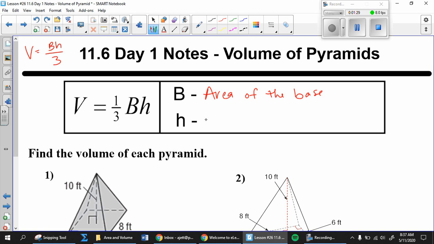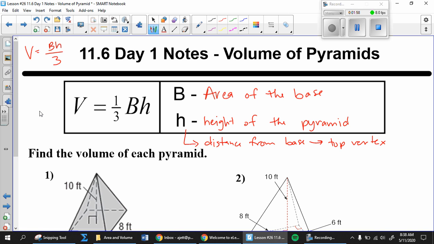H still stands for height of the pyramid. We've talked about that the whole time, distance from base to base. Here it's going to be distance from base to top vertex. So it's going to be to that top point of our pyramid.